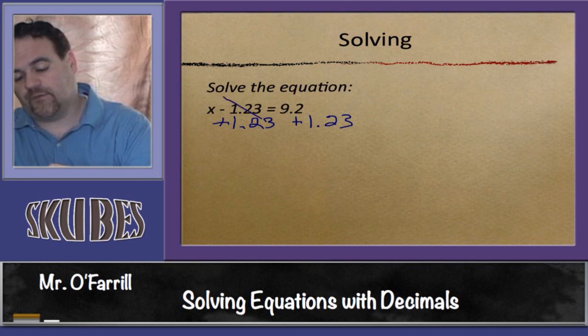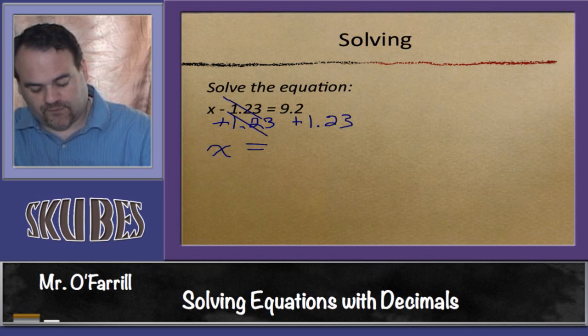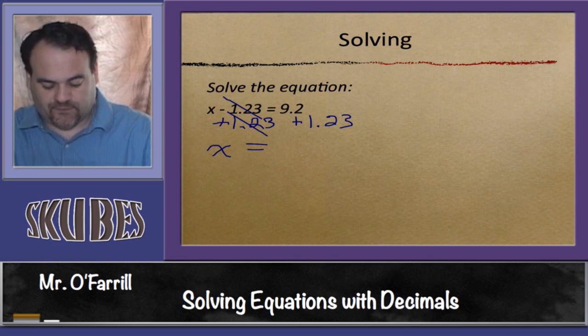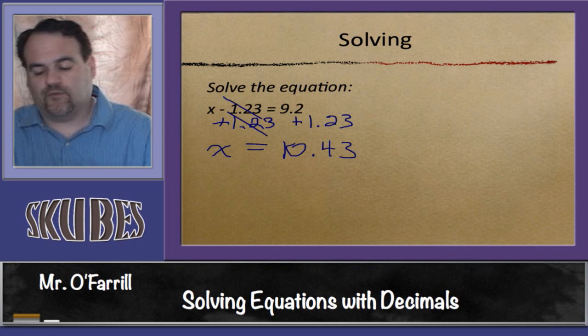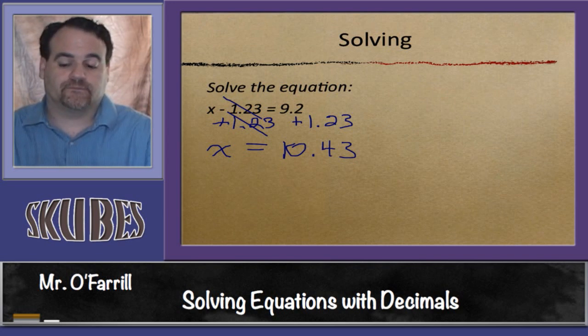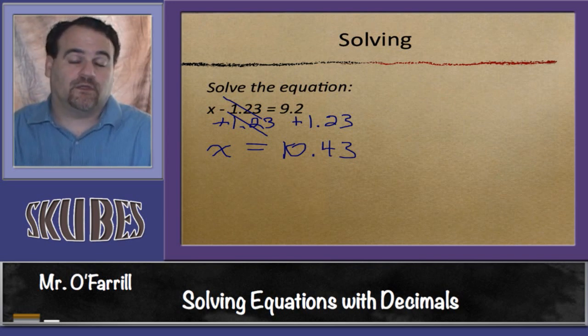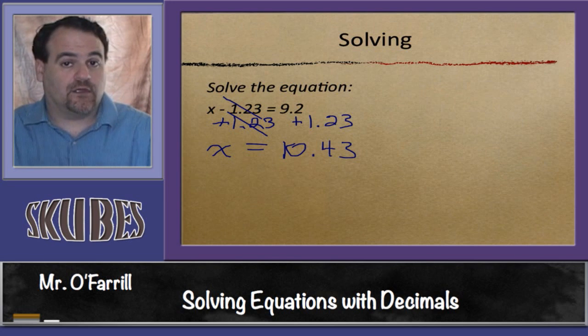Here the 1.23's cancel, and we can say that x equals 10.43. And that's all there is to it. You just do the same thing that you would do with any other number.